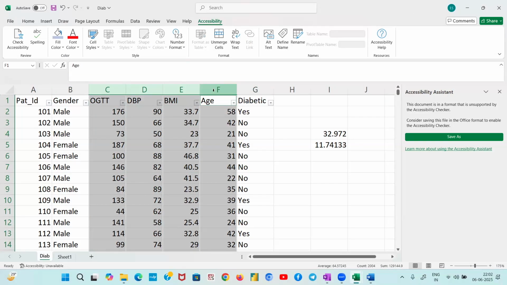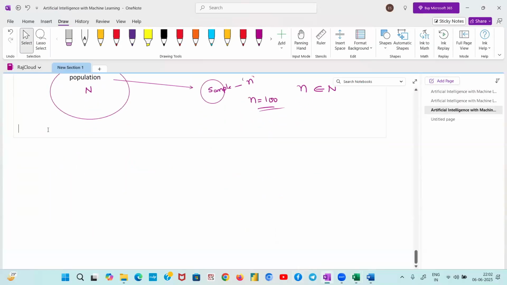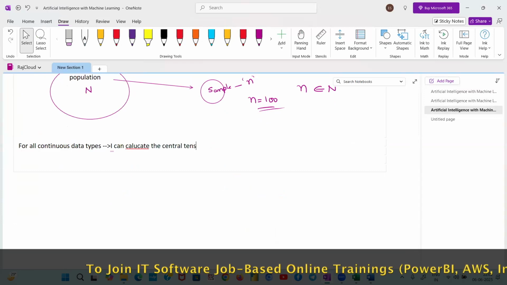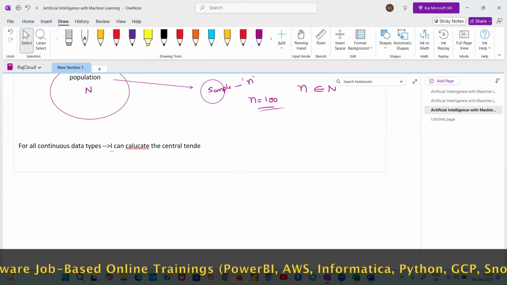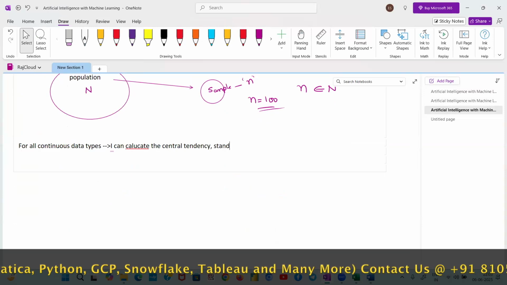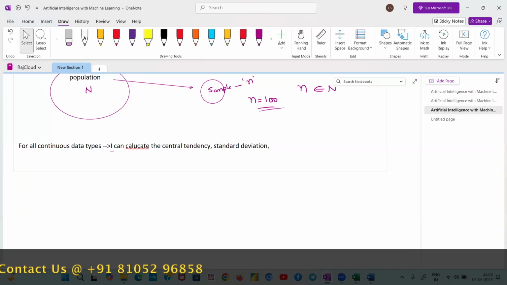I will write a point here. For all continuous data types, I can calculate central tendency and standard deviation, or variance.